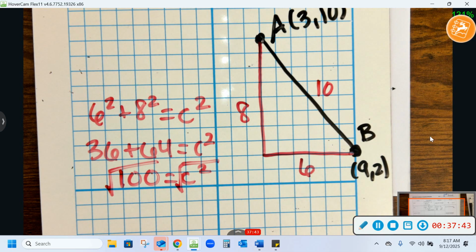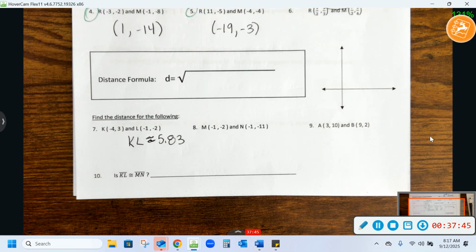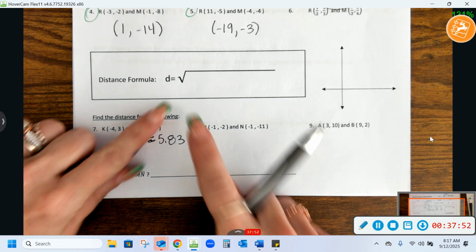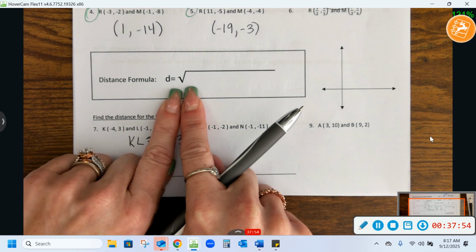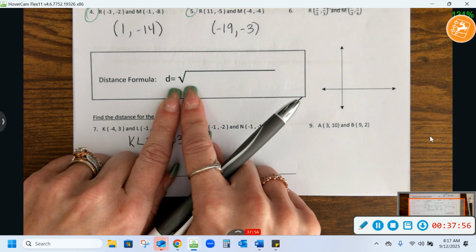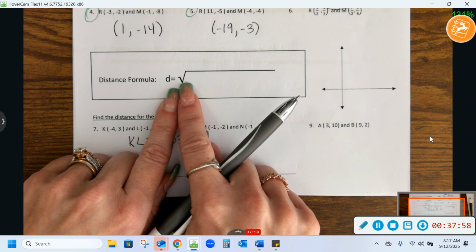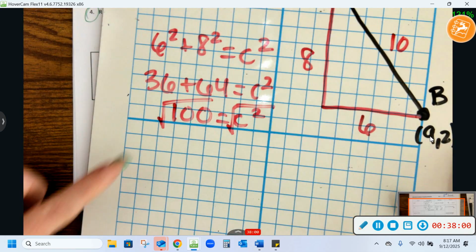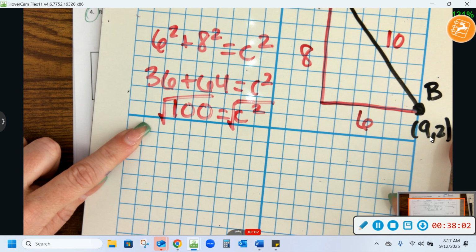All right. Here's your formula. Your formula is going to make sense now because you know where it comes from. The distance formula is the opposite of the Pythagorean theorem. The last thing that we did right here is we took the square root, right?